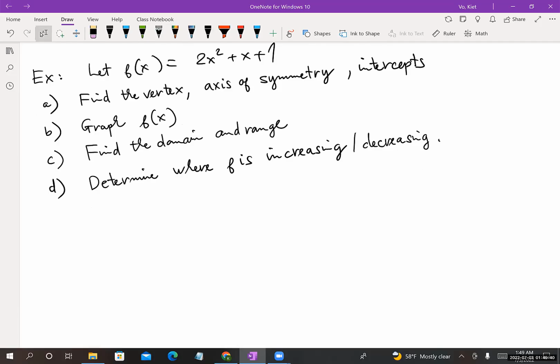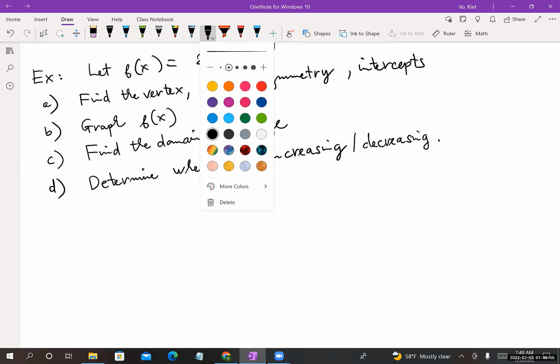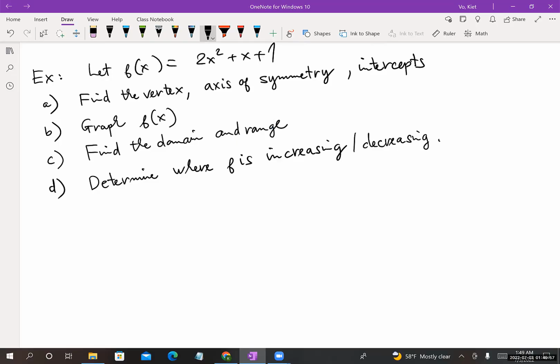Okay. The question doesn't ask us to convert this function to vertex form, so I'm just going to leave it in this form and figure out the vertex by using the formula x equal to negative b over 2a. The vertex is negative b over 2a for the x coordinate, and the y coordinate would be f of that value.